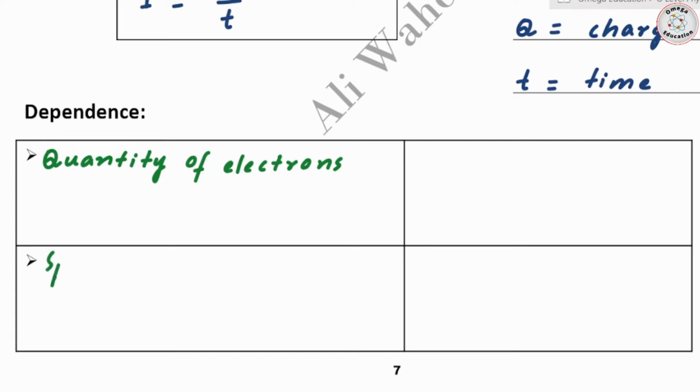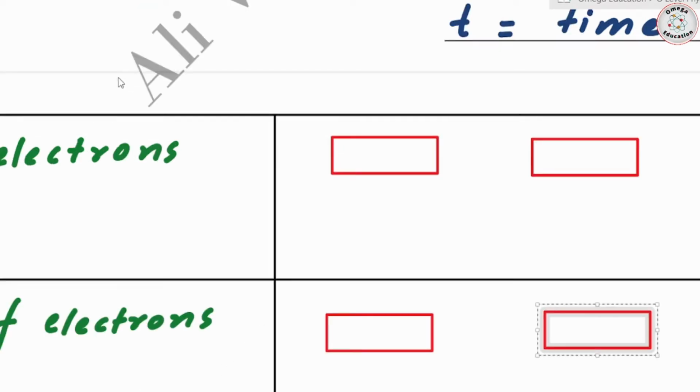So speed of flow of electrons. It can be in terms of positive charges as well, but generally we write in terms of electrons. So it depends on two things: the quantity of electrons and the speed of flow of electrons. So for example, previously, let's say we were having that many electrons flowing through the conductor.